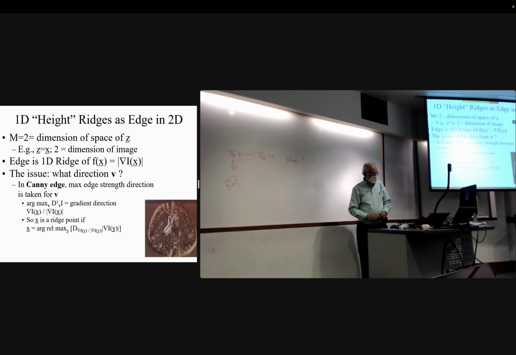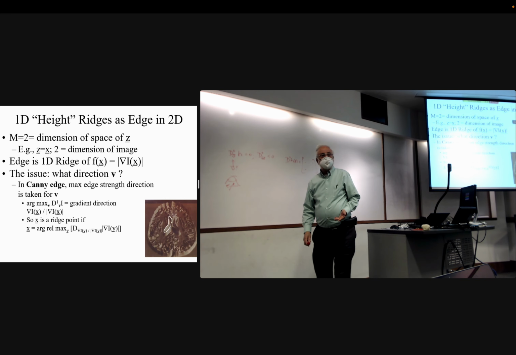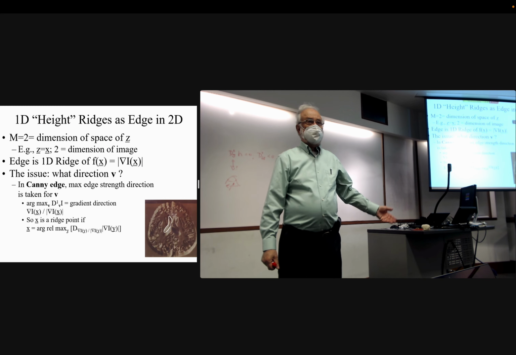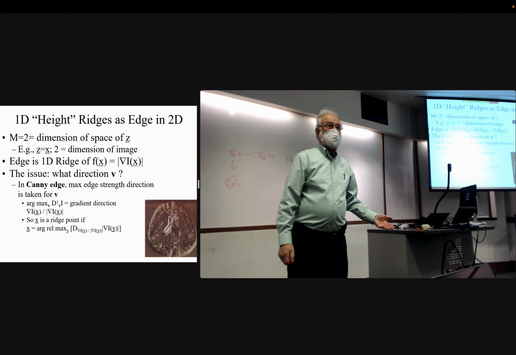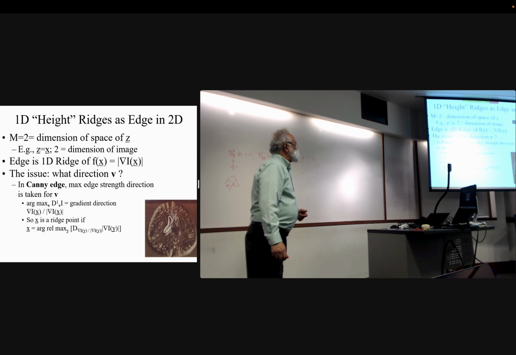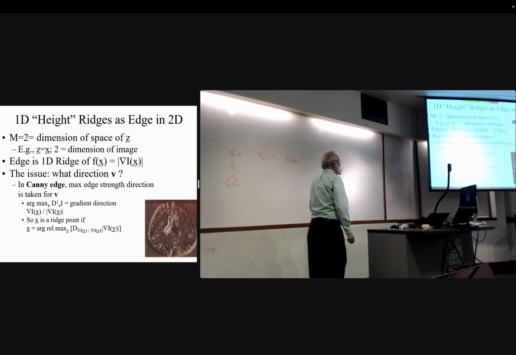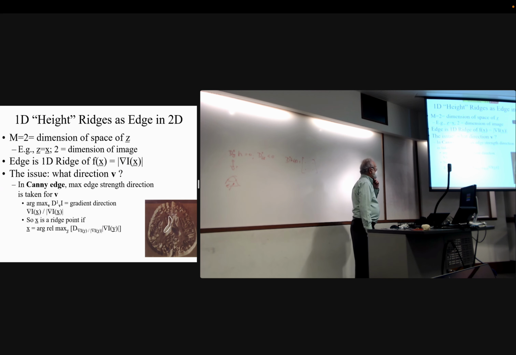Okay. The only difference from Canny Edge is that we don't choose V as the eigenvector associated with the most negative eigenvalue. We choose V as something else.